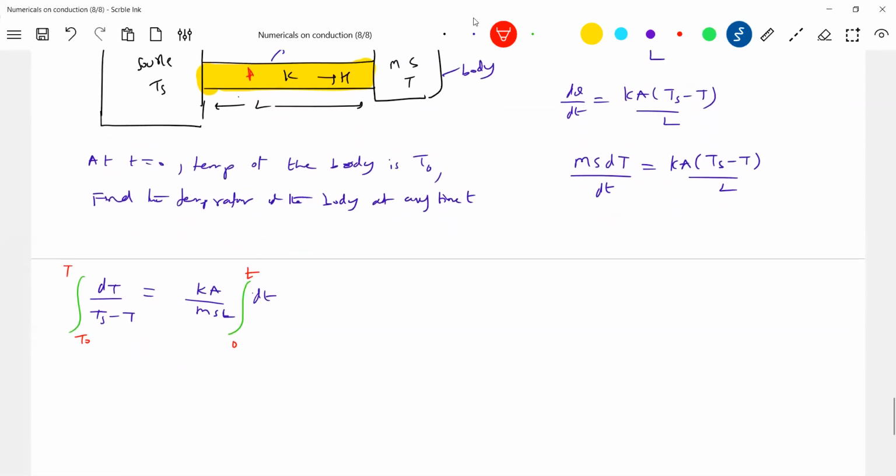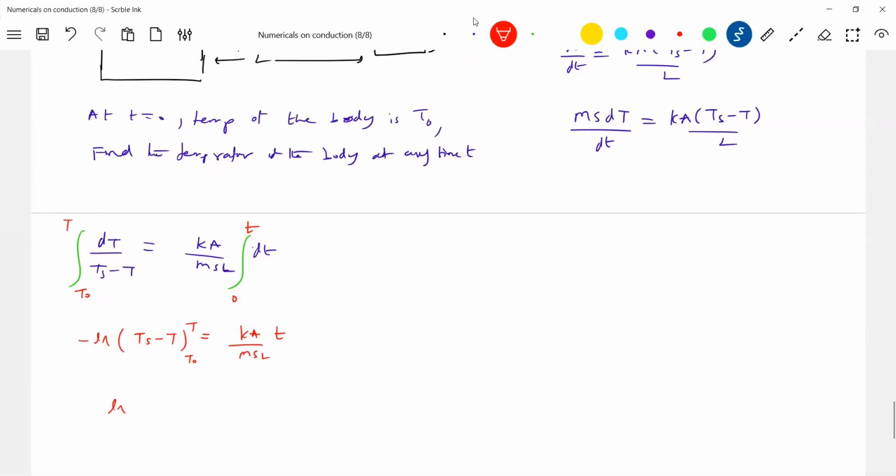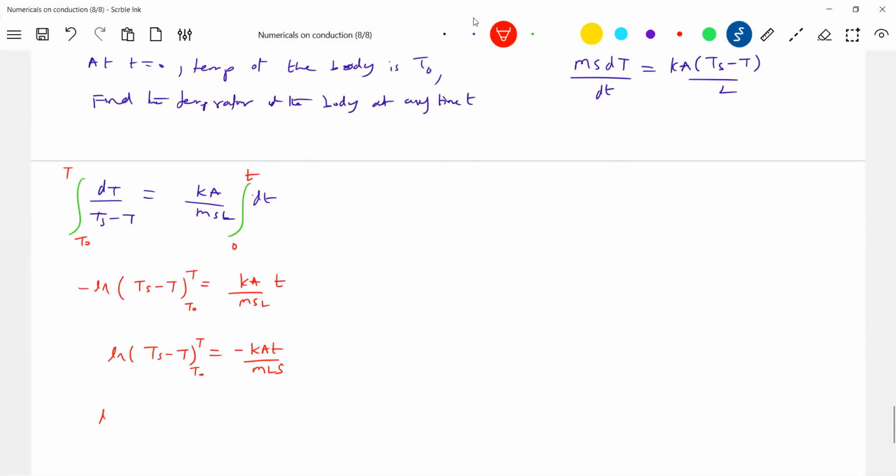Okay, let's integrate this. This will be minus of log of. Can you remember? Integral dx by a minus x will be minus of log of a minus x, limit T naught to T. Ka by msL into t. Negative sign, let me send down to that side. Substituting limits.